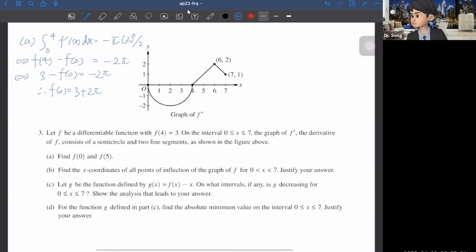Now, let's find f of 5. So in the same way, in order to find f of 5, we need to use the area. So let me start from 4 to 5, the integral of f prime of x dx. So why did I start from 4 to 5? Well, because we know f of 4. So that's why I'm trying to use that information.